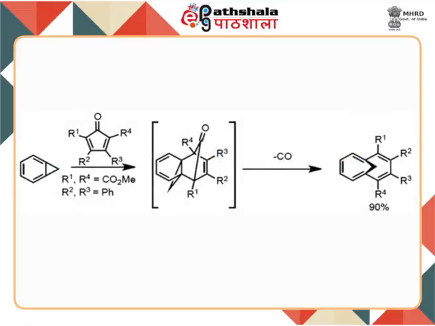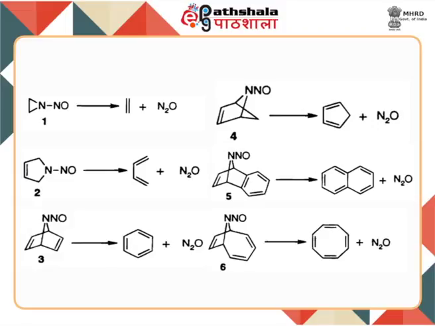Annulenes are conjugated monocyclic hydrocarbons. Cheletropic elimination of CO from the product of the following cycloaddition reactions leads to formation of annulenes. Nitrous oxide elimination from nitroso heterocyclic compounds such as shown involves cheletropic extrusion leading to formation of alkenes and N2O.